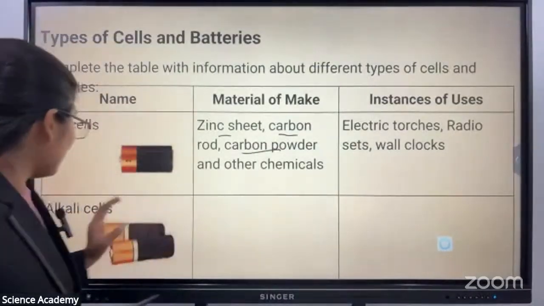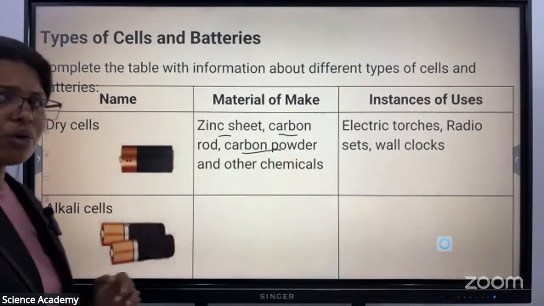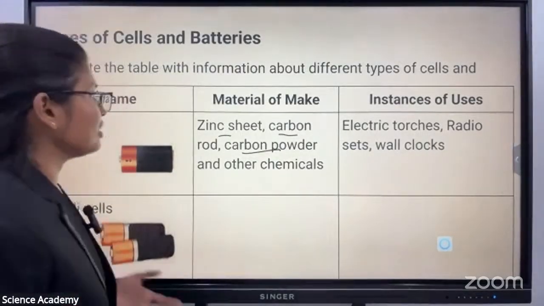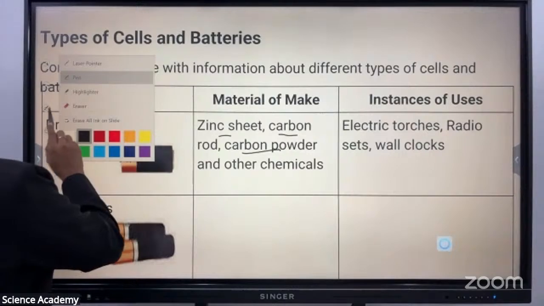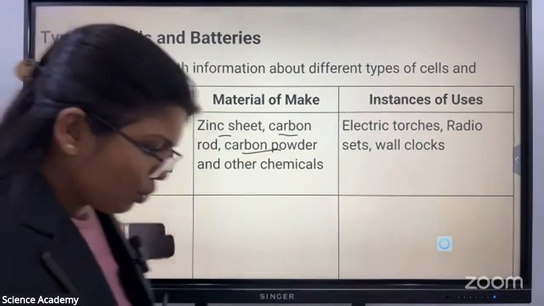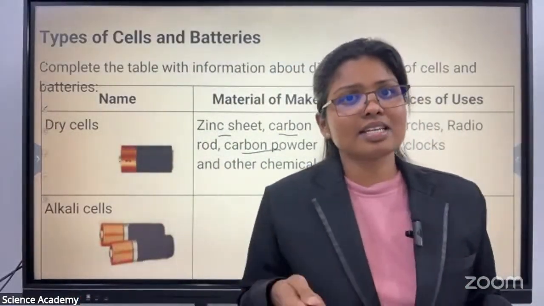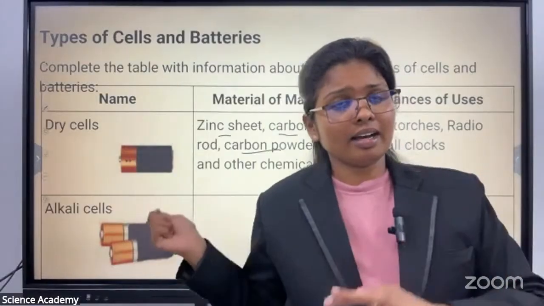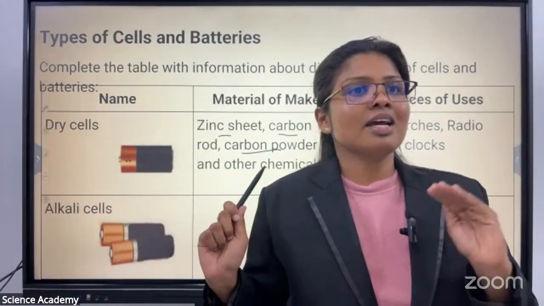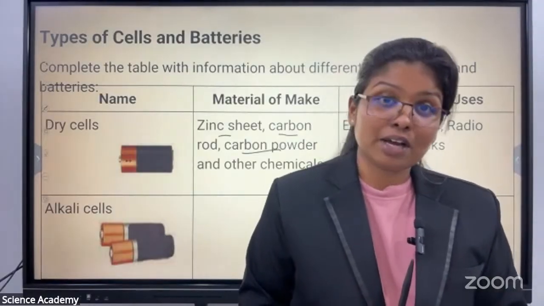Okay. Now this one is alkali cells. You may wonder what is called an alkali cell. Dry cells are the other thing. Children, you observed that inside the dry cell there were manganese dioxide and ammonium chloride substances, right? And carbon powder or graphite powder.